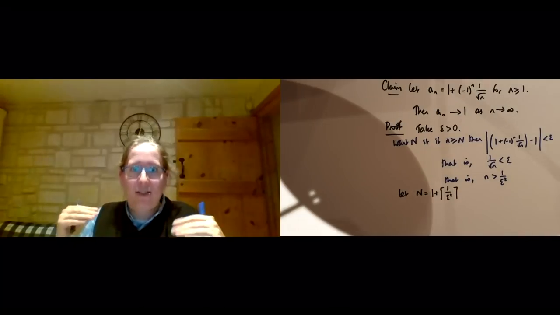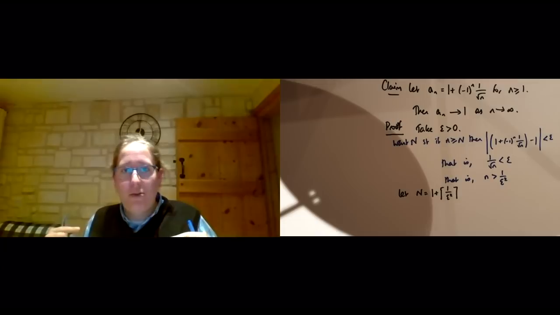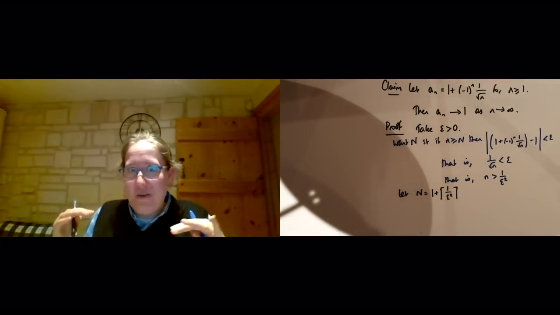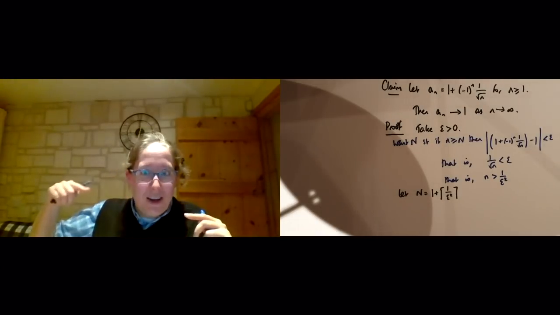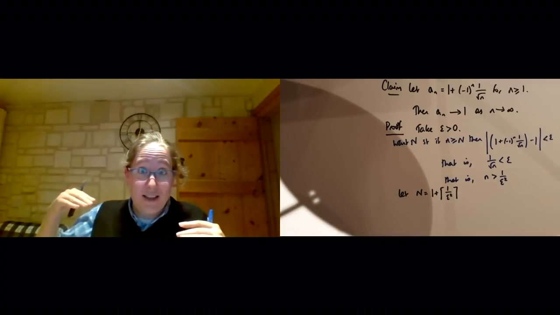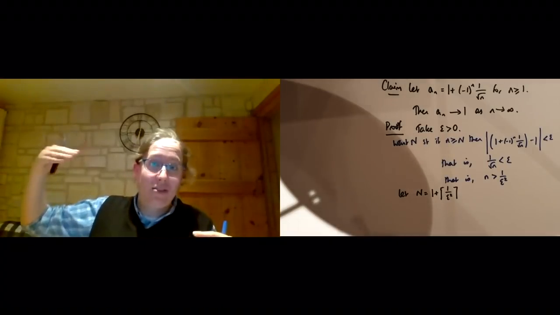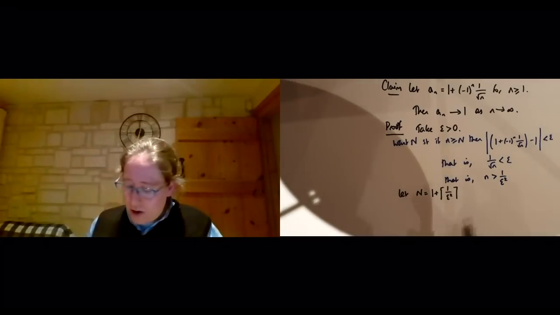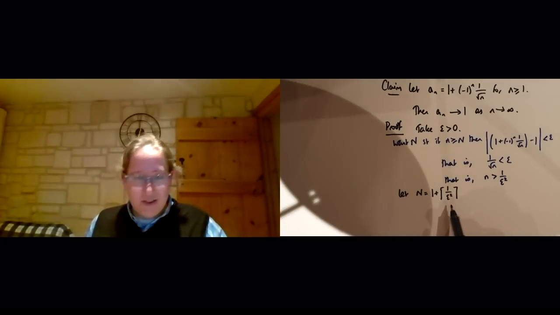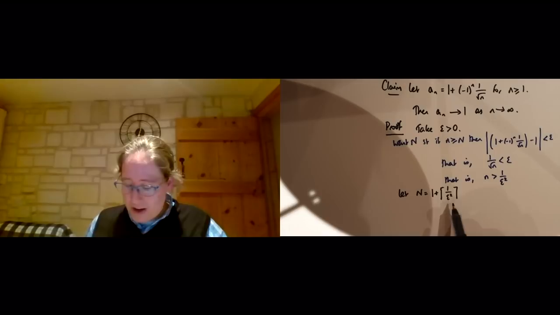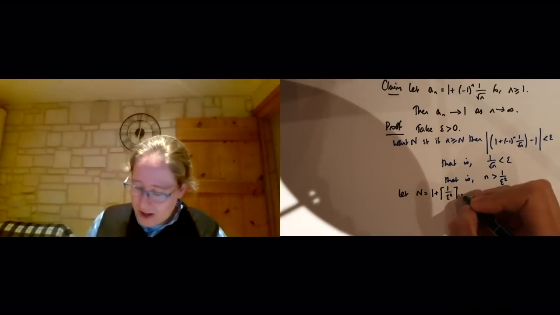So the ceiling of x is the smallest integer greater than or equal to x. Putting that another way, informally, if x is an integer, then the ceiling is just x itself. Otherwise, you round up to the next integer. So the ceiling of 1 over epsilon squared is an integer greater than or equal to 1 over epsilon squared, and then I'm just adding 1 for safety.